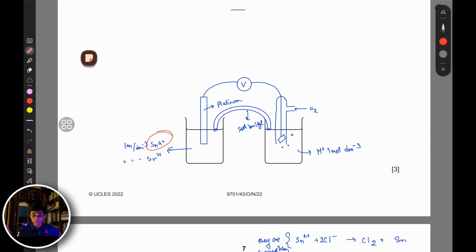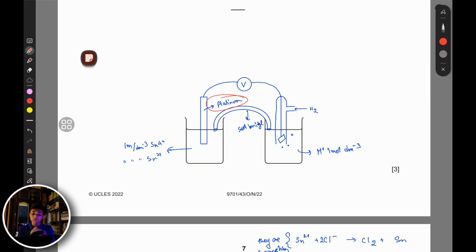So first of all, a few things you need to notice is, since this is a solution with both metal ions, this is a metal ion half cell. So in this case, you're not going to have, let's say, a tin electrode, but you're going to have either a carbon electrode or a platinum electrode. Platinum is appreciated more, I guess.